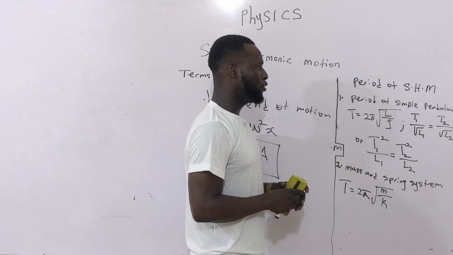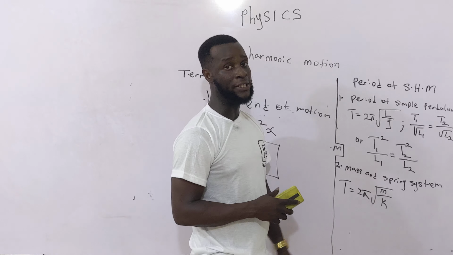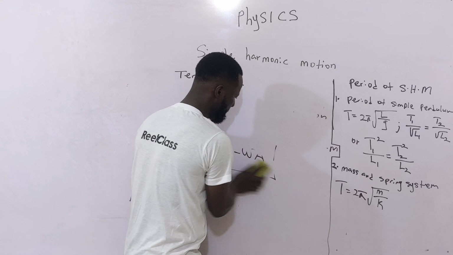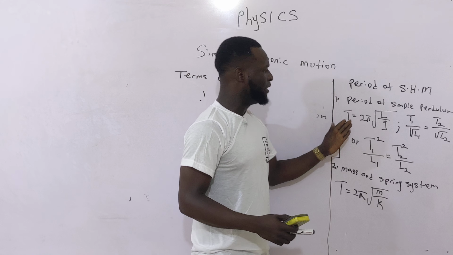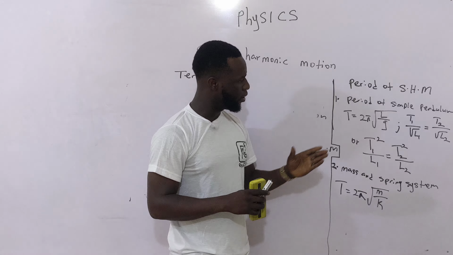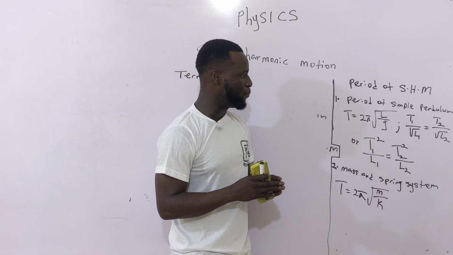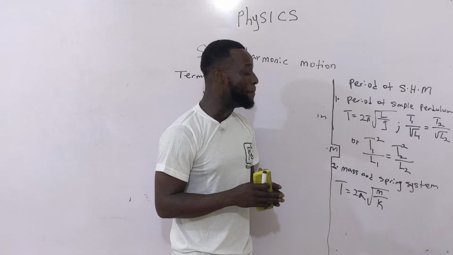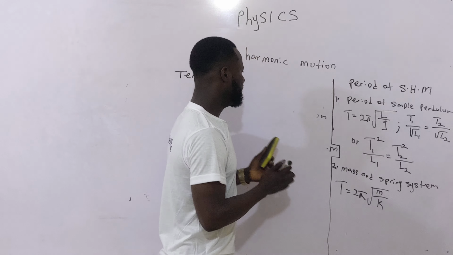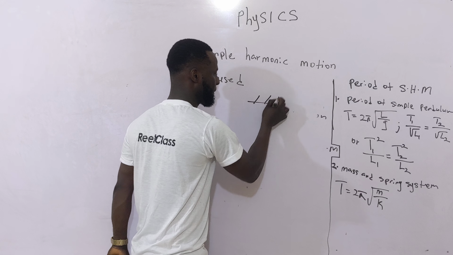Now, I've told you that a simple pendulum undergoes simple harmonic motion. These are the important things that you need to know about the periods of a simple pendulum and the period of a mass and a spring system. For a simple pendulum, this is a simple pendulum.